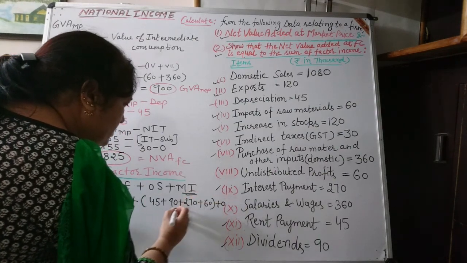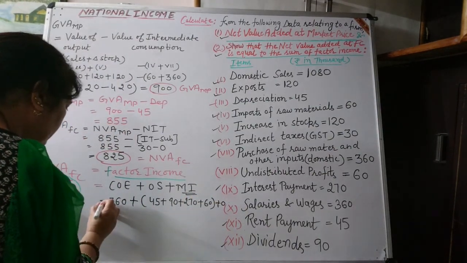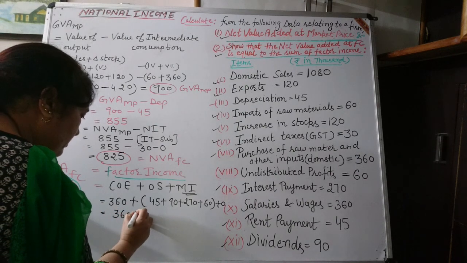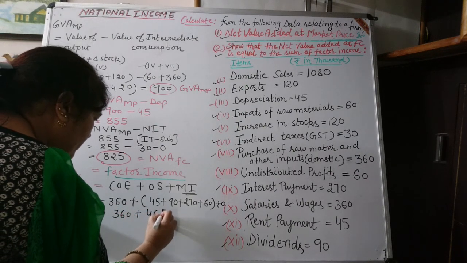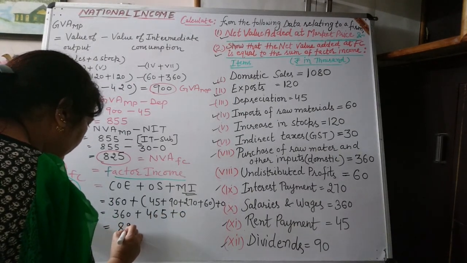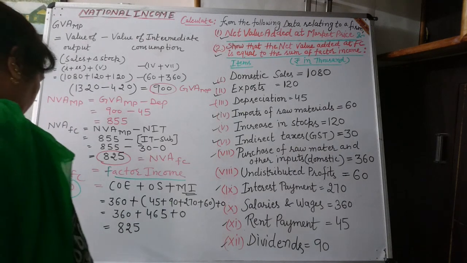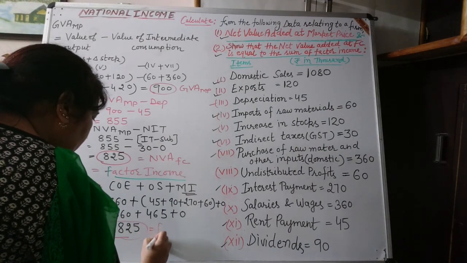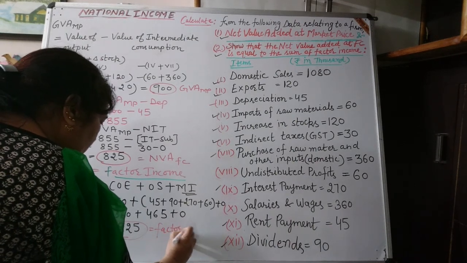Mixed income is 0. So it is equal to 360 plus 465 plus 0, which is equal to 825. So 825 is the value of factor income.